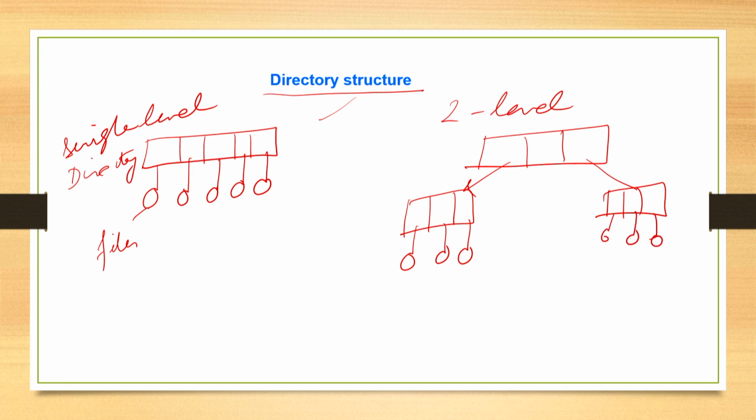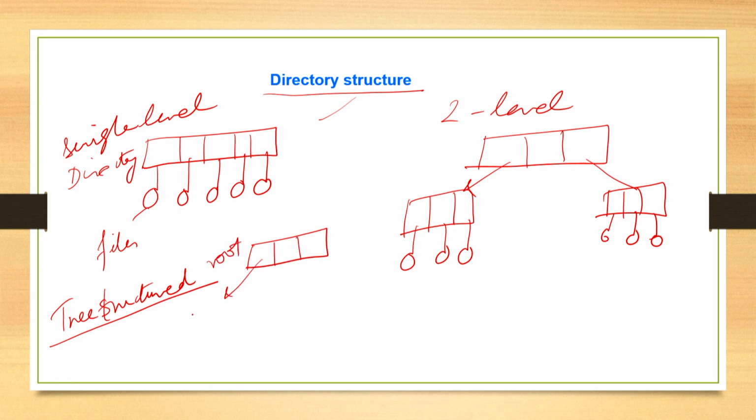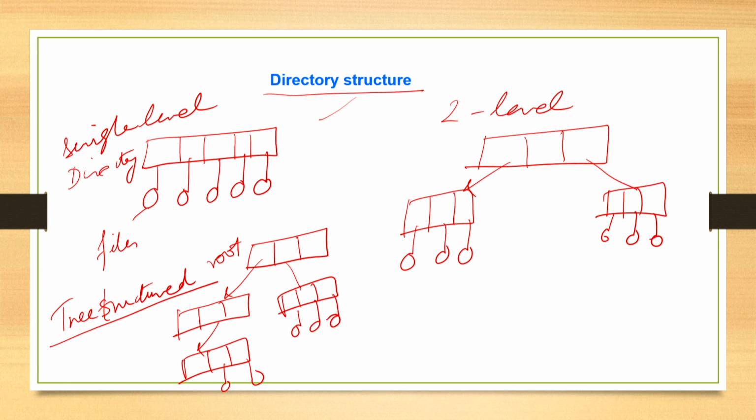Then you will have a tree structure that is used in the Linux and Unix operating systems. In this case, it is like a tree, meaning the root directory is there, then you have the subdirectories, then again you have the subdirectories, and then the files, or it may be a subdirectory and then the files.